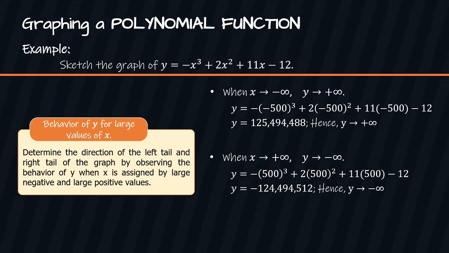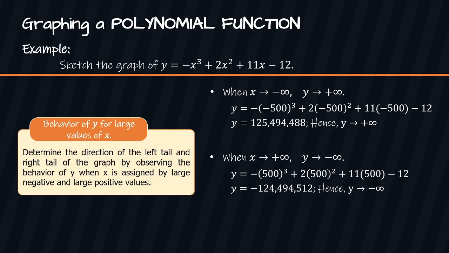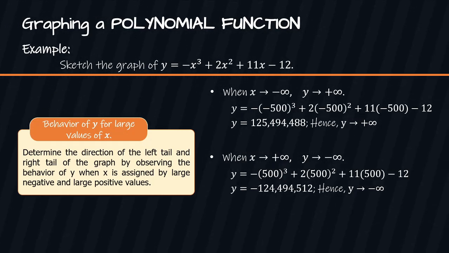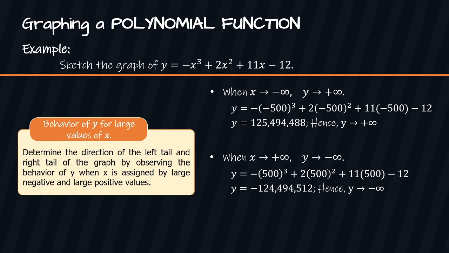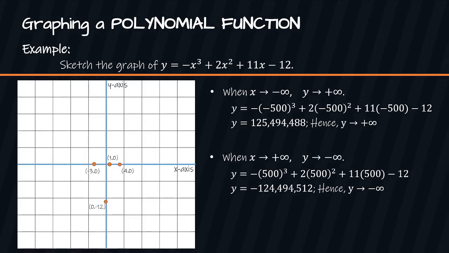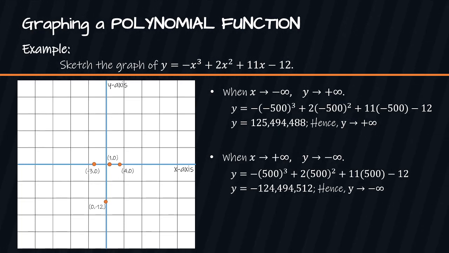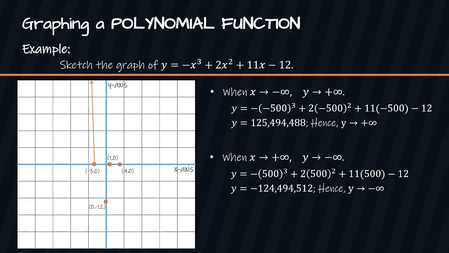How to sketch this one? Note that in this procedure, we have to determine the direction of the left tail and right tail of the graph. So let us now plot this one. Again, when x approaches -infinity, y approaches +infinity.